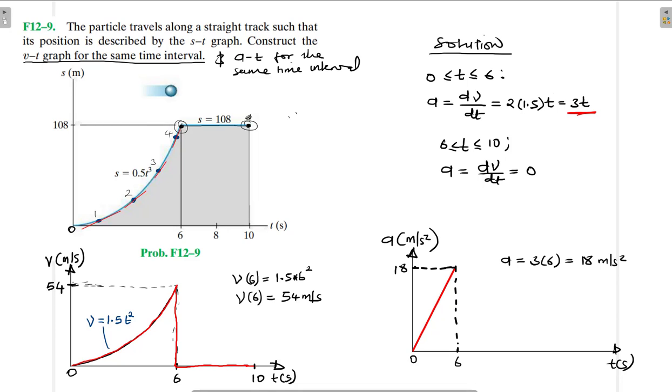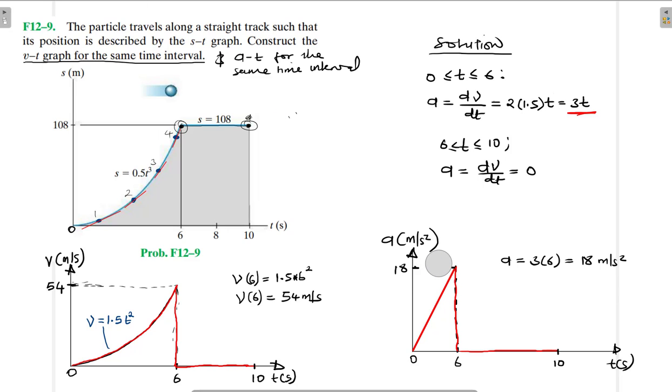And then the rest from 6 to 10 we have a 0. No acceleration there, no acceleration up to 10 seconds. Okay. Yeah, so we're going to have something like that.